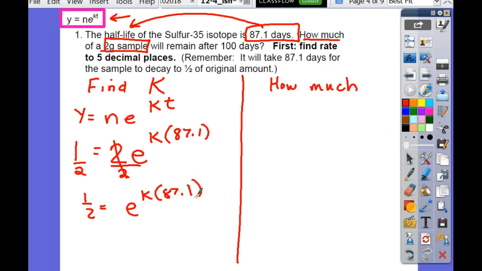In order to solve for the K, since K is an exponent, I have to take the log of both sides. And I'm taking log base e, the natural log, because this problem already has an e in it.